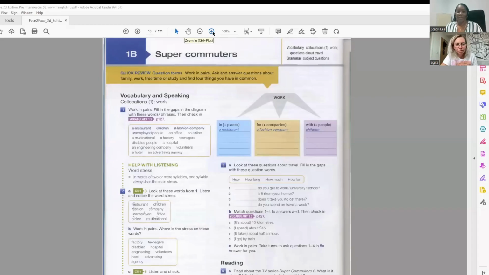I'm going to share my screen, but it's not going to be too much. All right, can you see my screen? Not yet. Yes. Okay, very good.